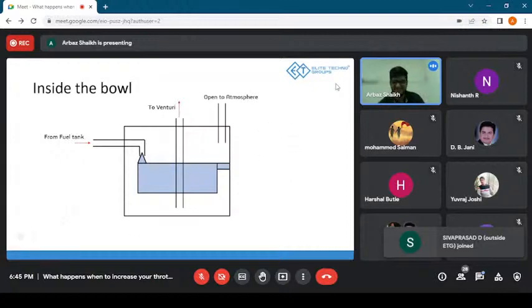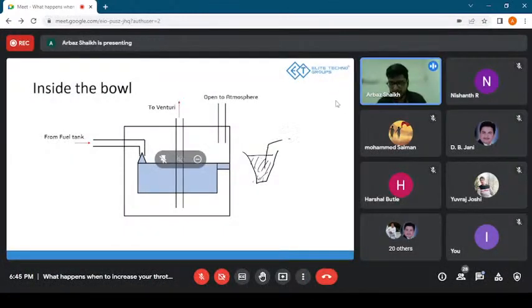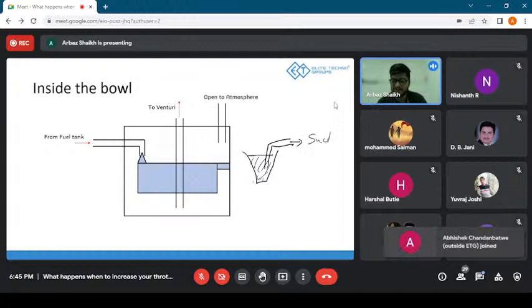Let me draw a glass, filled with some kind of juice or coffee, and you have a straw in it. When you suck on the straw, it's not the suction force that is pulling the liquid up. It's the atmospheric pressure which is pushing the liquid downwards.